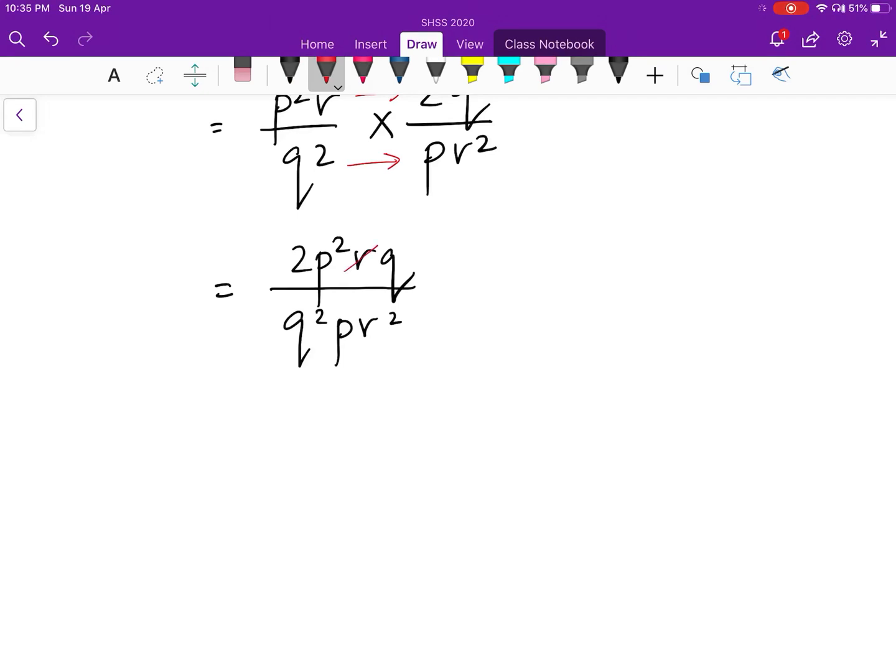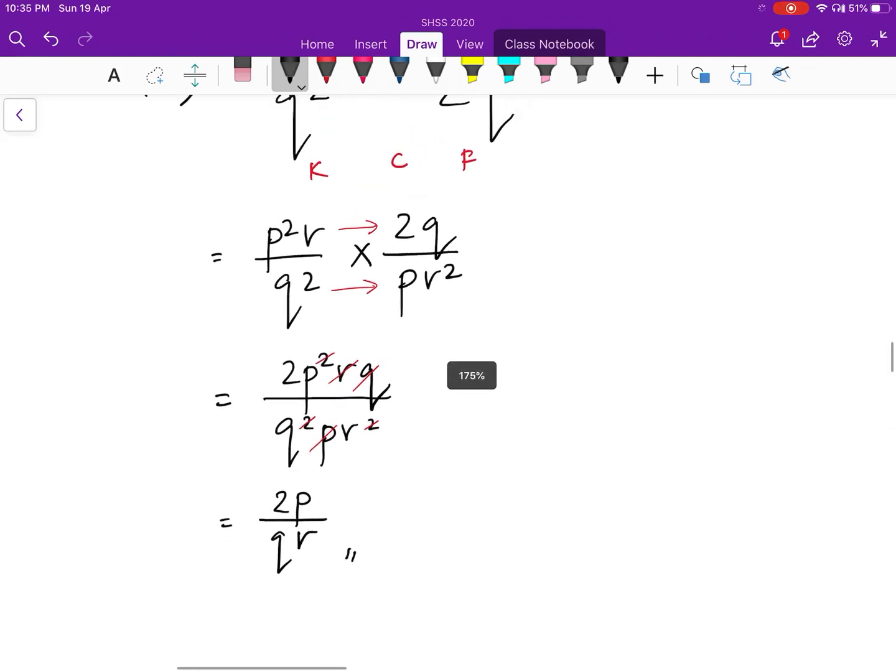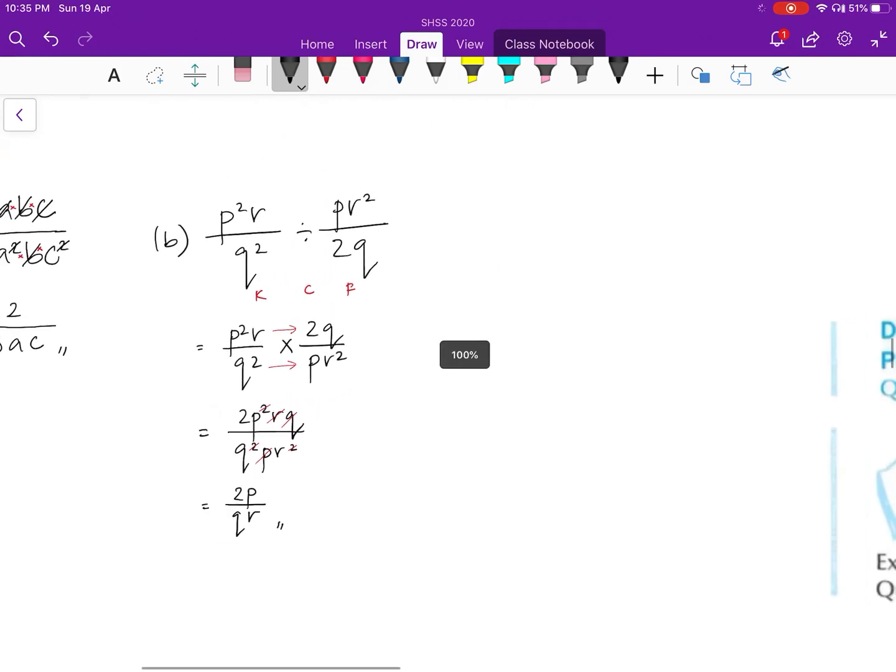The R, I can cancel because there are 2 Rs below. Q, I can cancel. And from the denominator, there's 1P, I can cancel. In the numerator, there's 2, so I can cancel away the 2. What am I left with? I am left with 2P over QR. And there's nothing for me to simplify. That's all I have for part B.